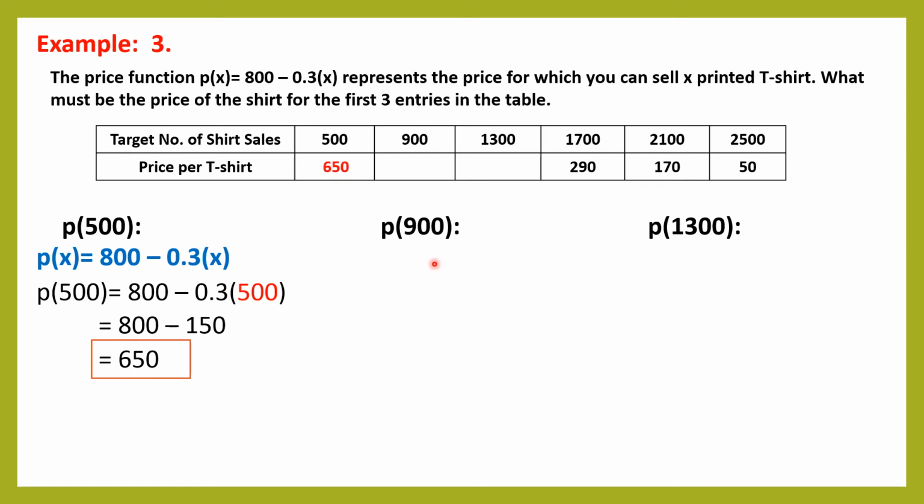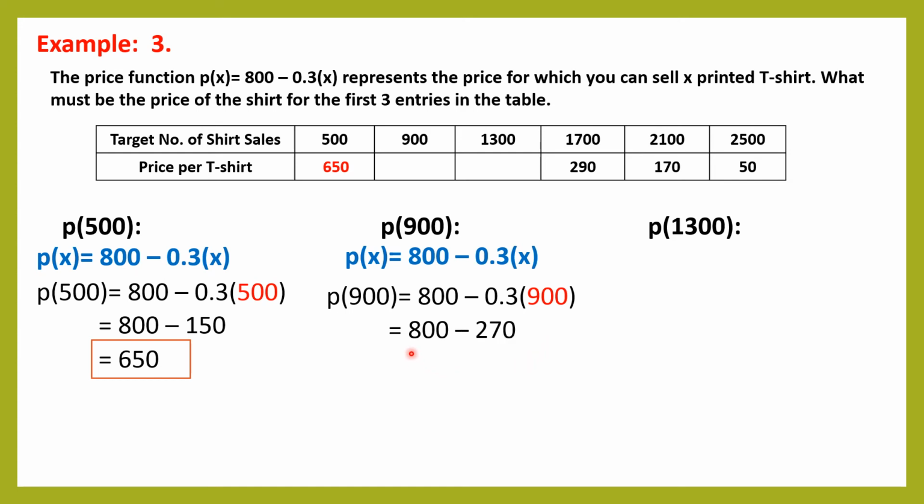Let's go to 900. Same function pa rin, substitution. So, ang x natin ay gagawin na natin 900. So, 800 minus 0.3 times 900. So, 800 minus 270. And then, subtract. We will have now 530. So, 530 for 900.